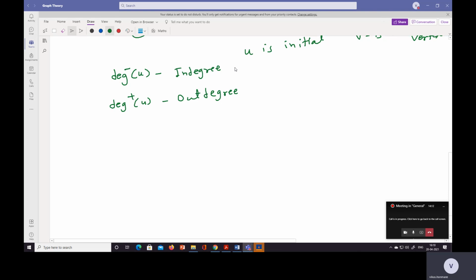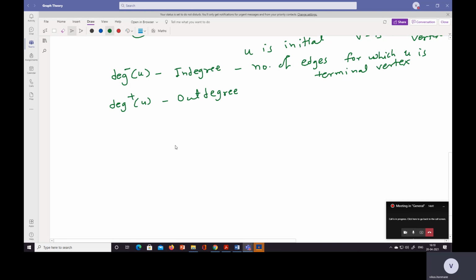Okay, so in degree we can say that it is the number of edges for which u is the terminal vertex.